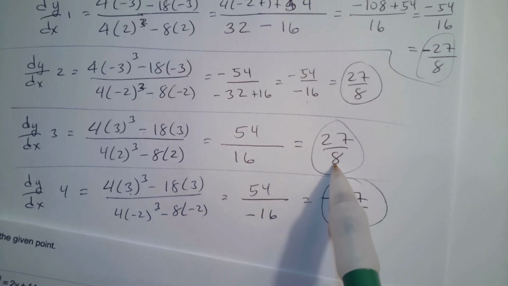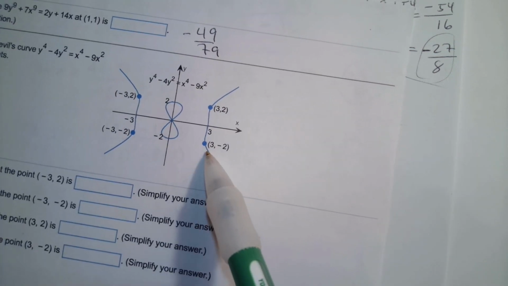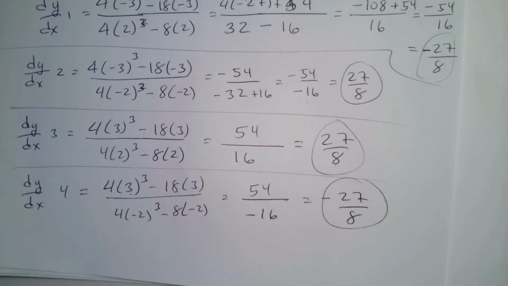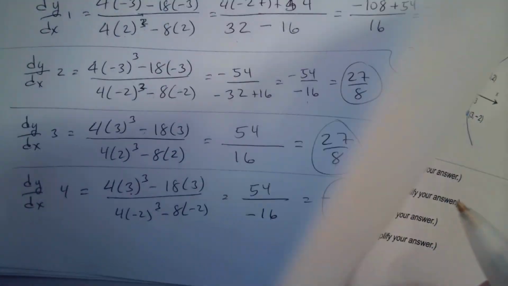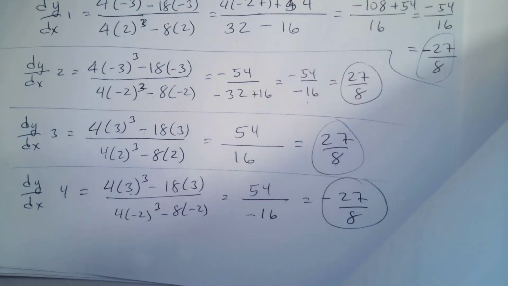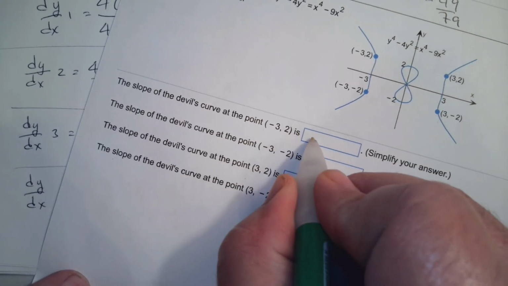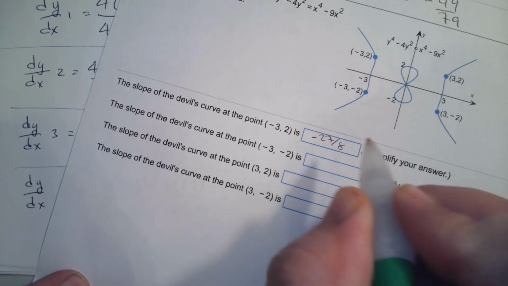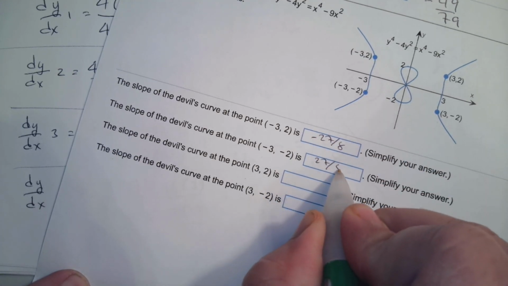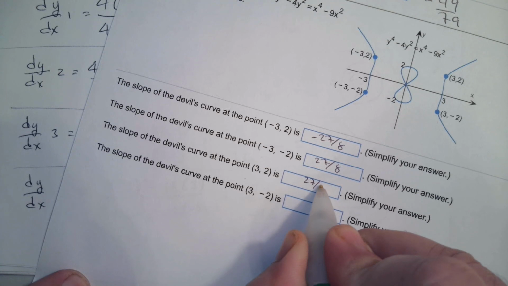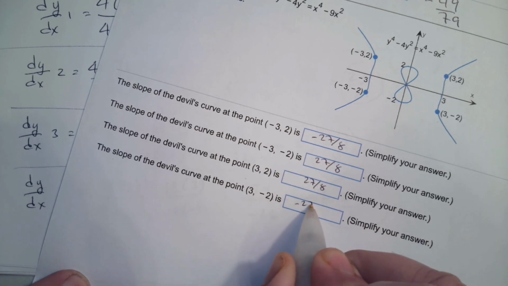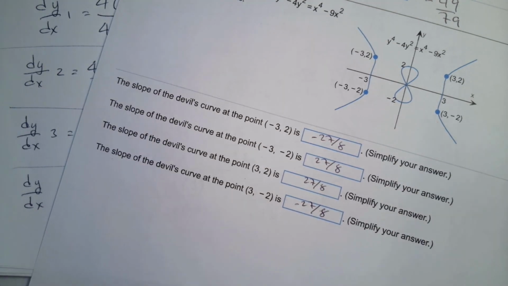And at 3, negative 2, it's negative. Sure enough, those are the answers: negative 27/8, 27/8, 27/8, and negative 27/8.